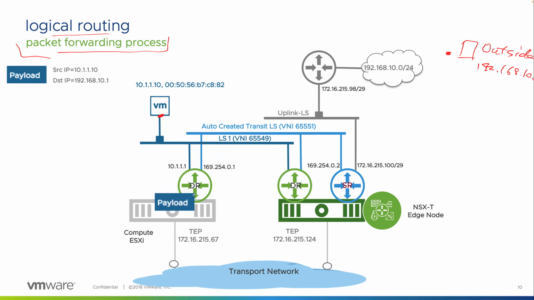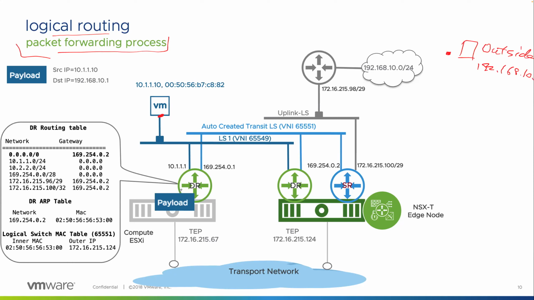When the packet goes into this TN hypervisor, it looks into this payload and looks up all of the NSX tables that I taught you. So here's the DR. When they have inter-subnet traffic, the traffic has to go through their gateway, right?